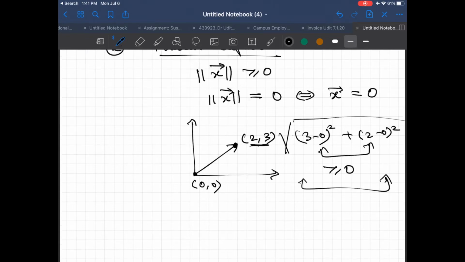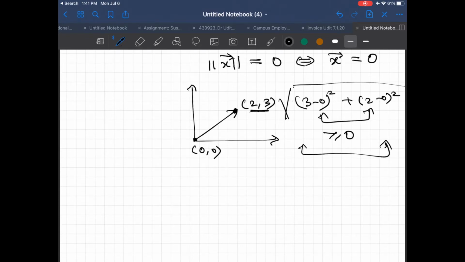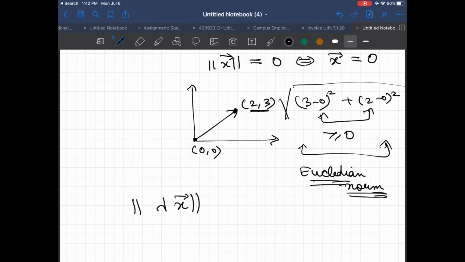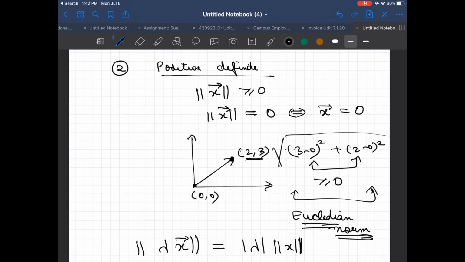And we call this length that we typically measure using the Euclidean distance formula the Euclidean norm. So this is, I would say, a fancy name for a thing that we keep on consistently using throughout mathematics. And the third thing that we should have with norms is that if we multiply a vector with a constant in a real space, then we can write this as the modulus of that constant multiplied by the norm.